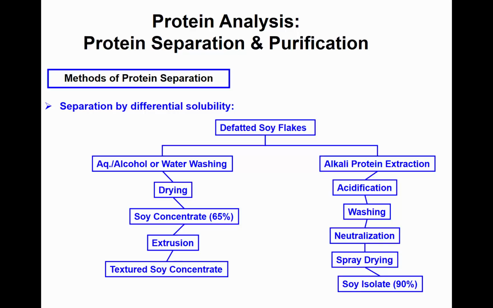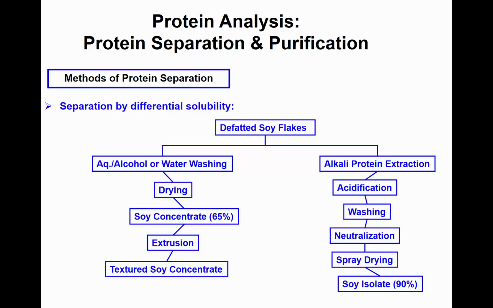So that is one route. The other route is when you produce soy concentrate. An average is 65, but it can go up to 80% protein. In this case, you do an aqueous alcohol or water wash. You are solubilizing all your oligosaccharides, mono- and disaccharides, any solubles basically. You get rid of that, and the precipitate will have mostly fiber and protein.